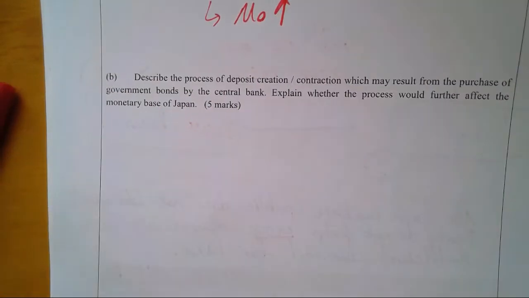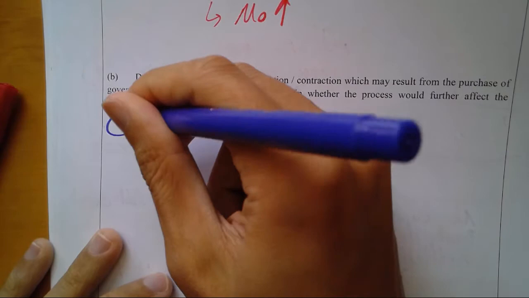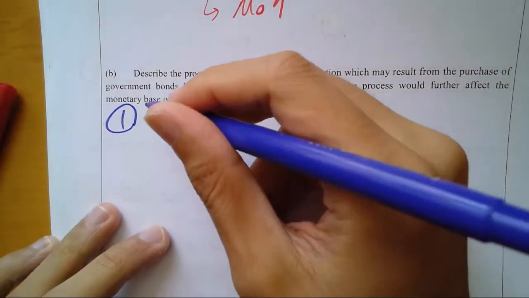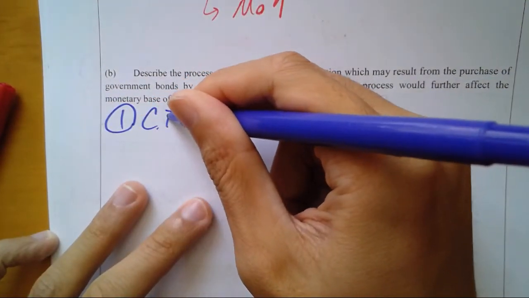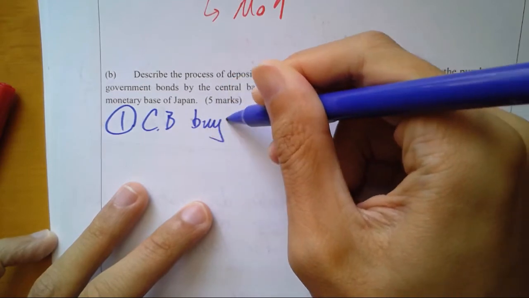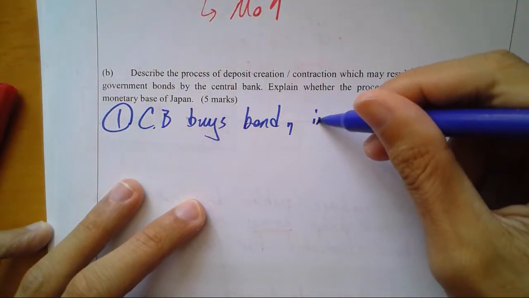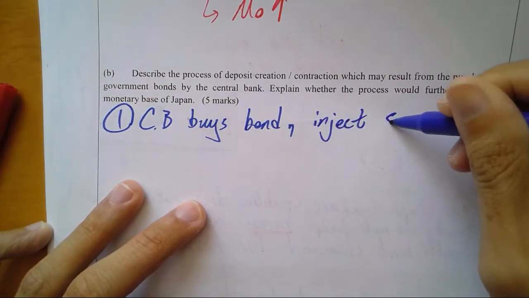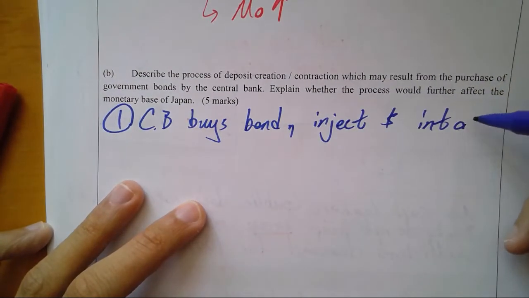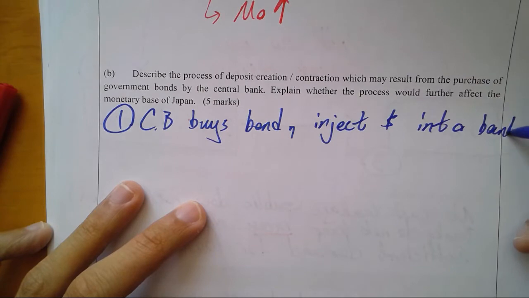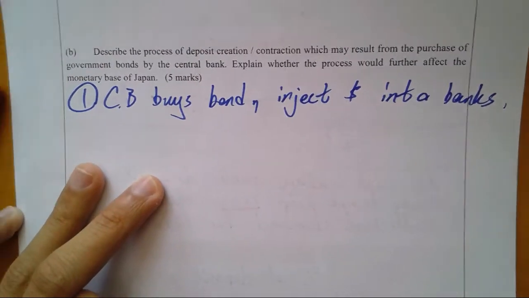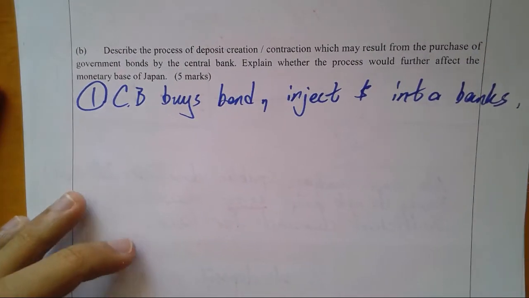嗱，next one, describe the process of credit creation or contraction may result from purchase of government bond. Okay, now remember, we start with that. When central bank buys bond, okay, they inject money into banks. 好嘛？嗱 inject money into banks.